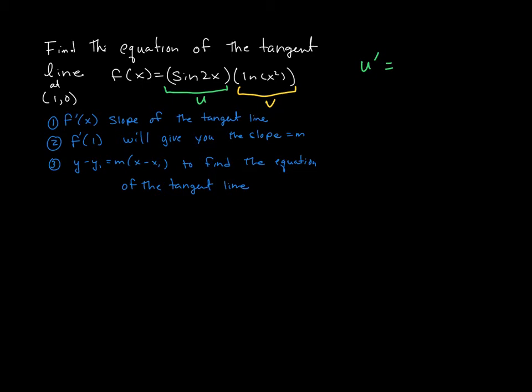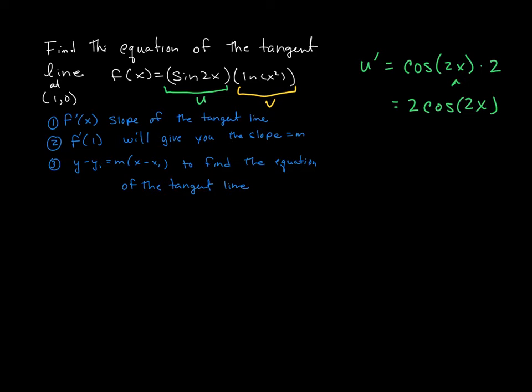Again, the derivative of the sine is the cosine of 2x, but you have to multiply that times 2 because it's times the derivative of the inside. So the derivative of u is 2 cosine of 2x.